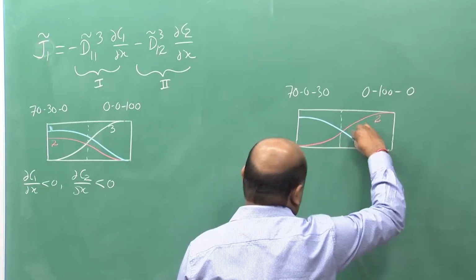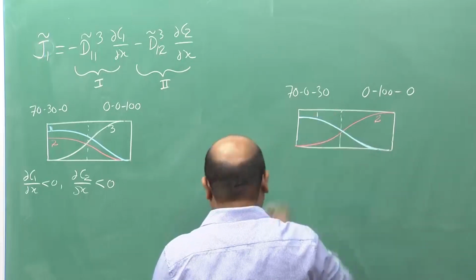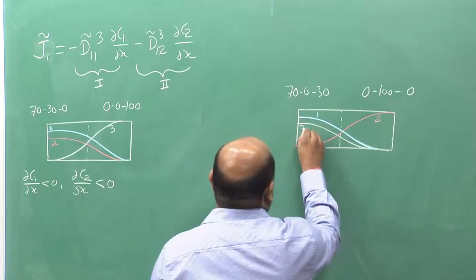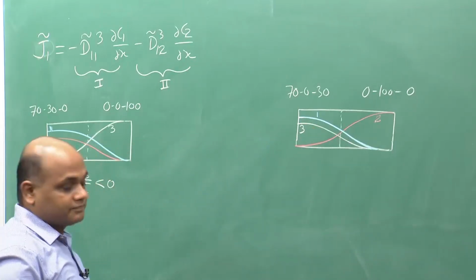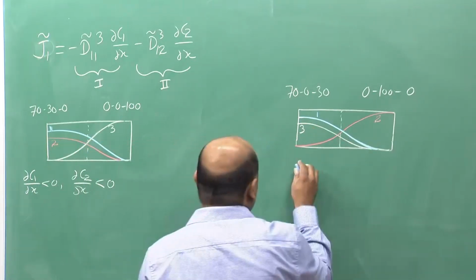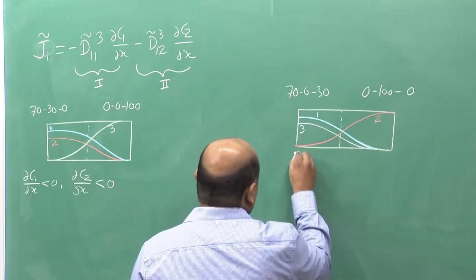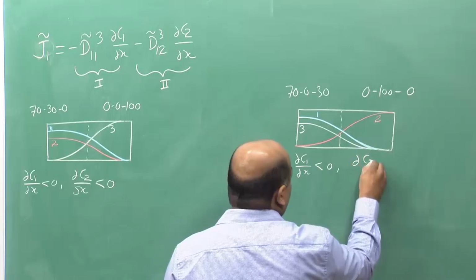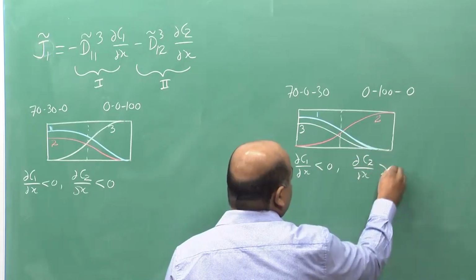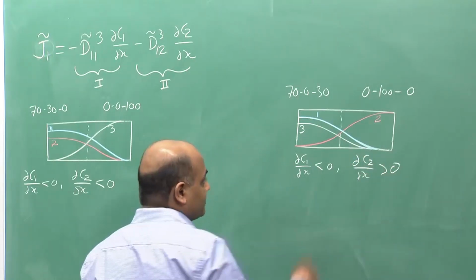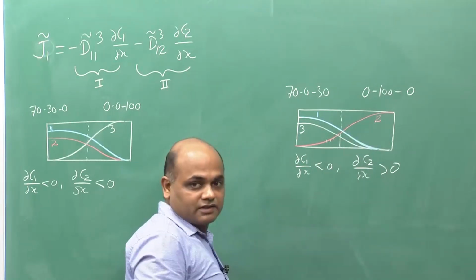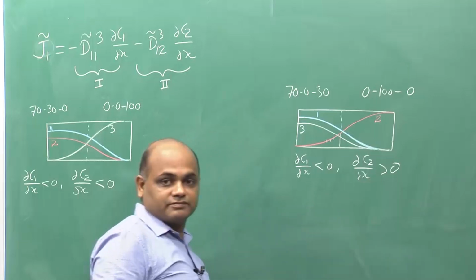This is my component 1, this is component 3. So in this case the two gradients are opposite. Dou C1 by dou x is negative, but dou C2 by dou x is positive, because as I increase x, the concentration of 2 is increasing, that is why the gradient is positive.